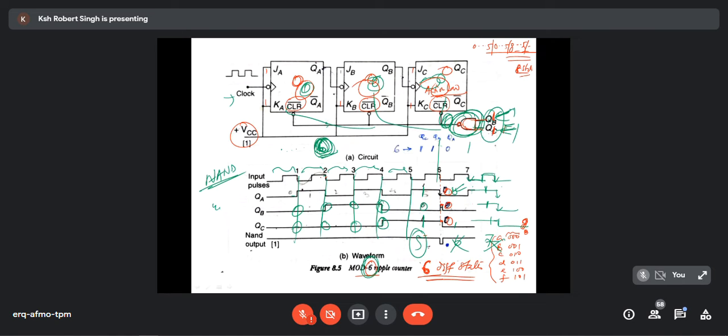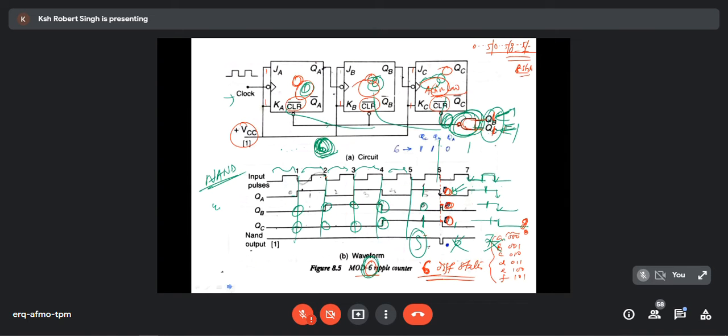Now I got 0, 0, 0 in all the flip-flops. So QA, QB, and QC are all 0. If somebody asks whether the state 6 does not appear, no, it appears, but only for a very short period of time. Can you understand or not what I'm saying?